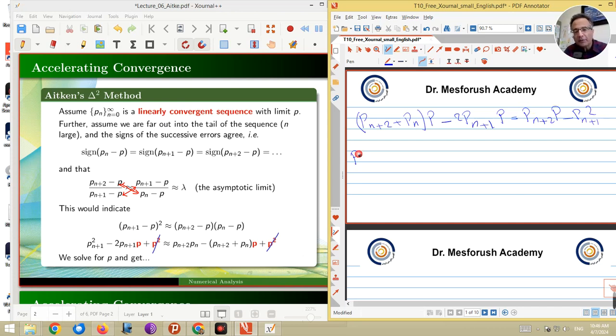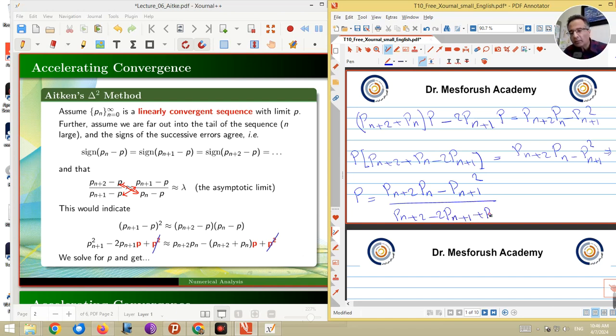Okay, here we can factor P and we will get (Pn+2 plus Pn minus 2Pn+1) times P is equal to Pn+2 times Pn minus Pn+1 squared, and from here we can get P is equal to (Pn+2 times Pn minus Pn+1 squared) over (Pn+2 minus 2Pn+1 plus Pn).